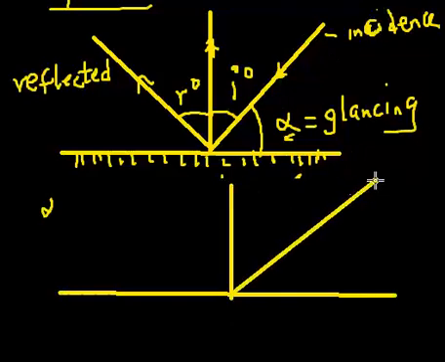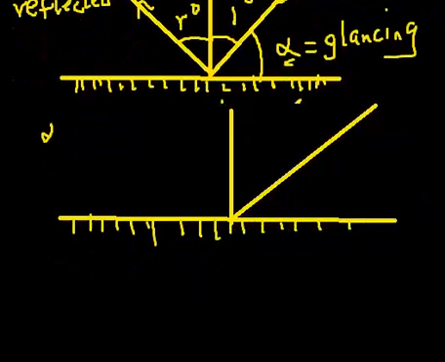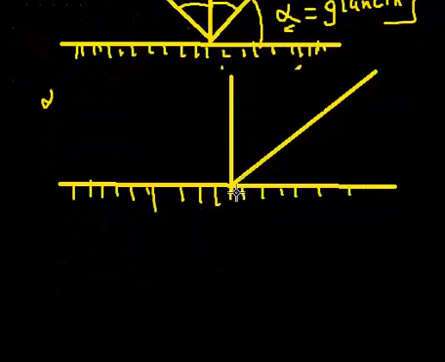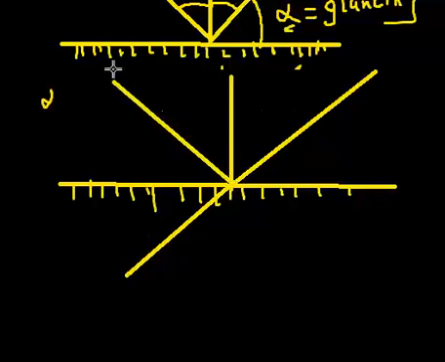Without this boundary, the incident ray was supposed to move straight, but rather it reflects because it encounters a boundary.